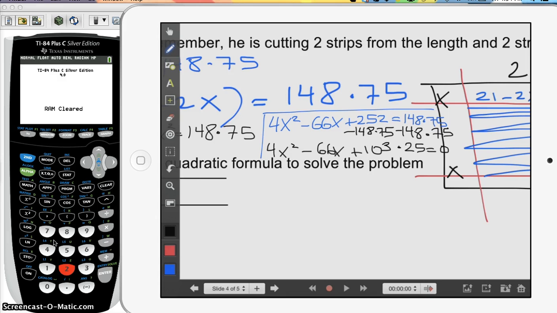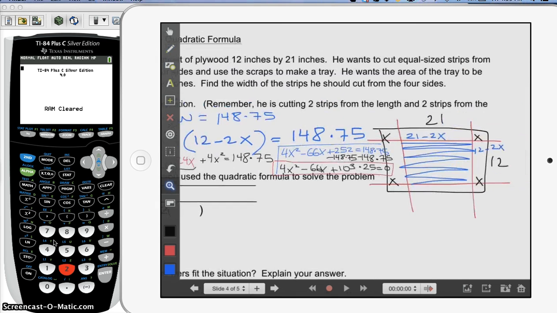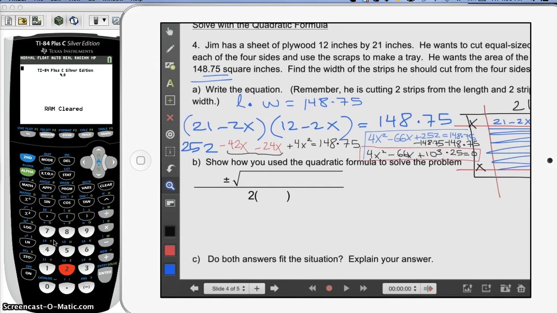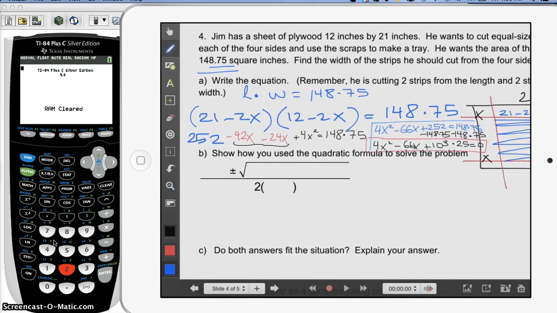So this is the equation in standard form, and this is what I expect from you to give me when I ask for the equation. So I'm going to rewrite it over here. 4x to the second minus 66x plus 103.25 equals 0. That's the equation to find x, which is the width of the strips that we have cut.